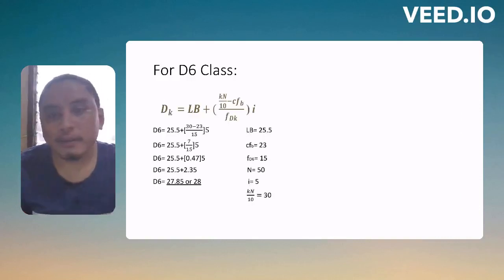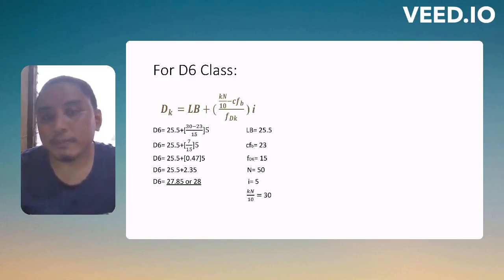So this is the formula for the D6 class. D6 is equal to 25.5, which is our lower boundary, plus 30 minus 23 over 15 multiplied by 5. So D6 is equal to 25.5 plus 7, because 30 minus 23 is 7, over 15 multiplied by 5.